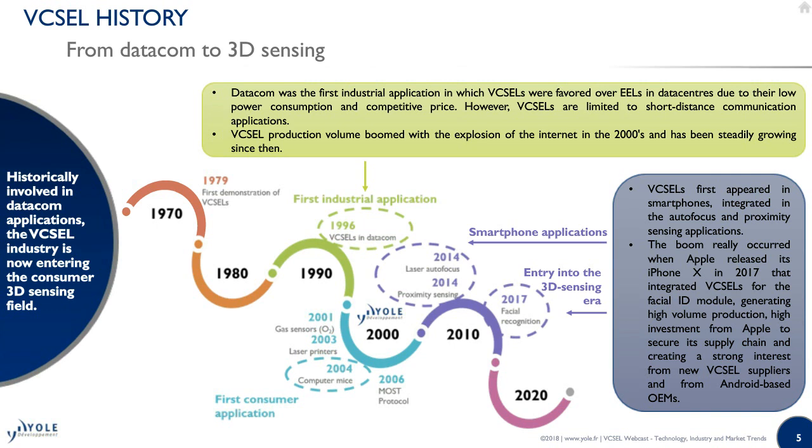Driven by the development of data centers, the VCSEL market and production boomed in the early 2000s with the internet's popularity and then grew steadily. At that moment, some new applications for VCSELs emerged, like laser printers or optical mice, but were not strong market growth drivers. Not saying that they were not good business, but they were much more specialized or niche VCSEL applications.